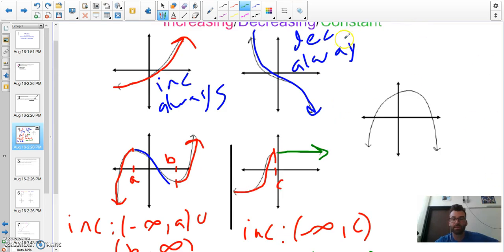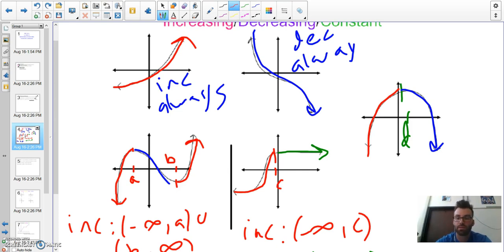All right, last one. It looks as though if I'm looking from left to right that I am increasing. Here I'm getting bigger, and then all of a sudden at this point, we'll call this point D, I start to decrease.